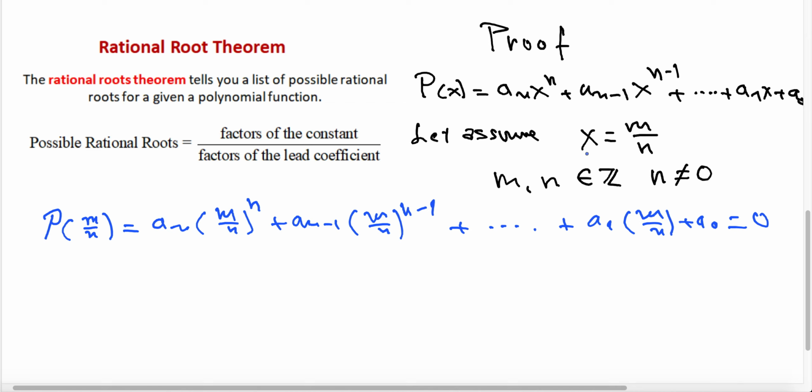But since this is going to be 0, we automatically can apply the factor theorem that says the factor x minus m divided by n is a factor of the polynomial function p of x.